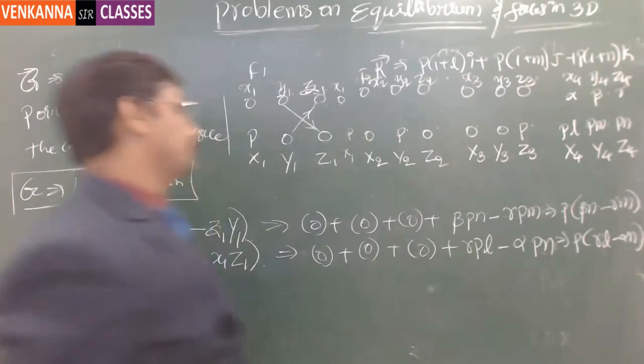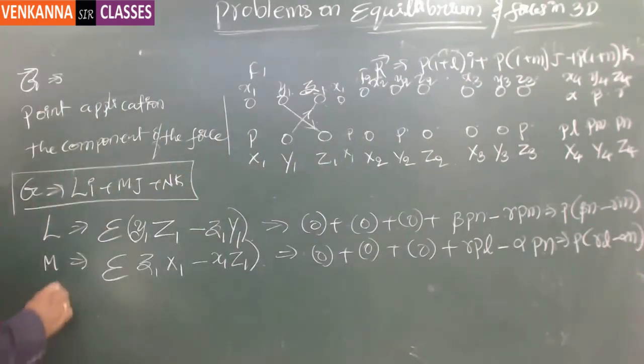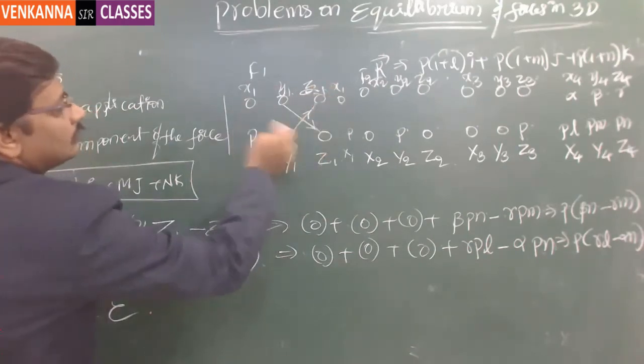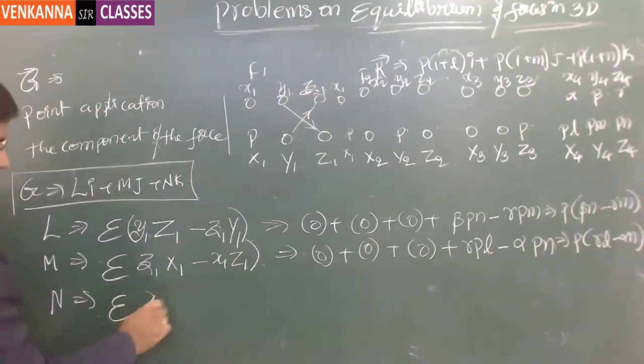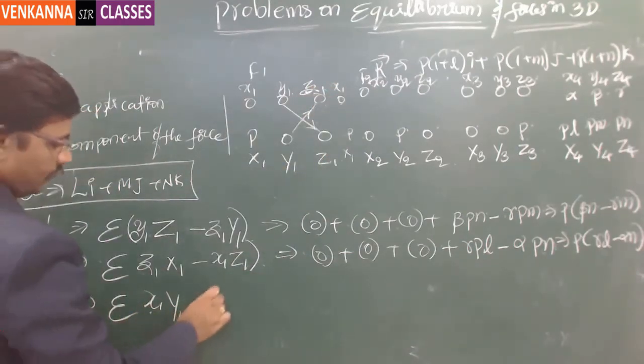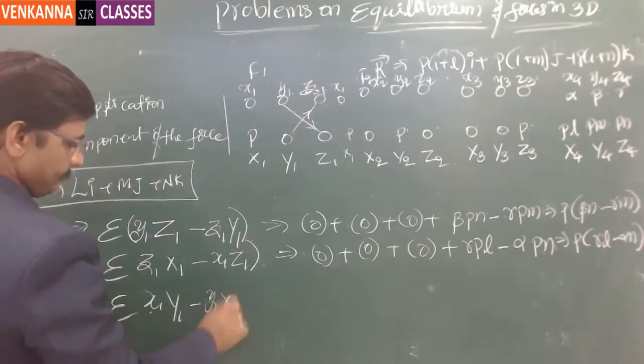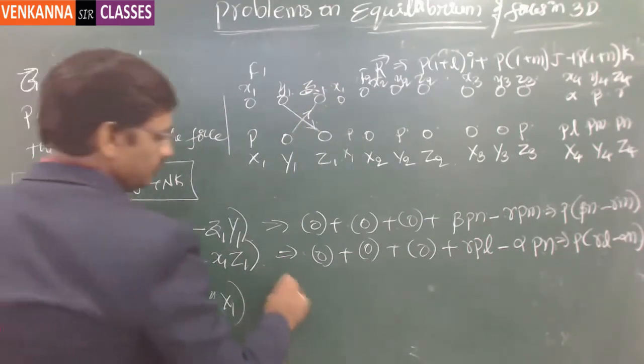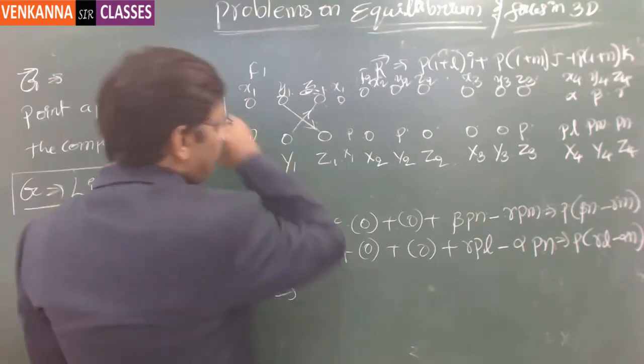Got it? So similarly, calculate N is equal to sigma, and if you exclude this, then x1 y1 minus y1 x1. So this is x1 y1 minus y1 x1.